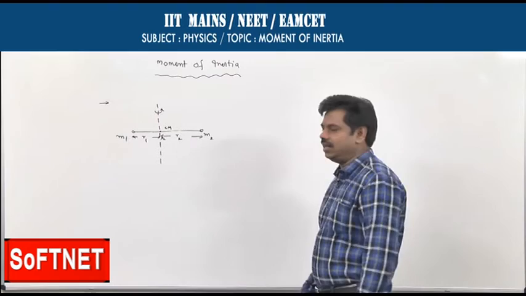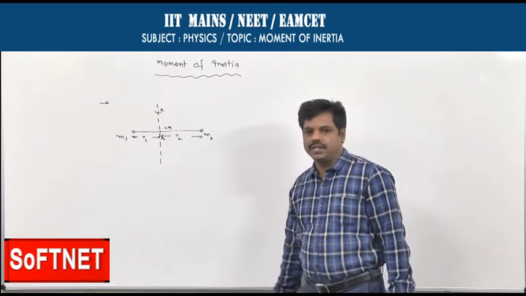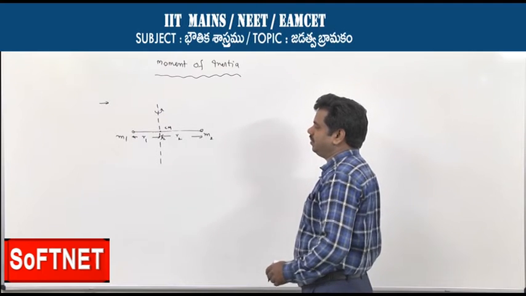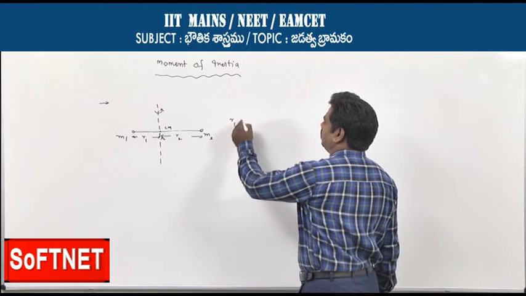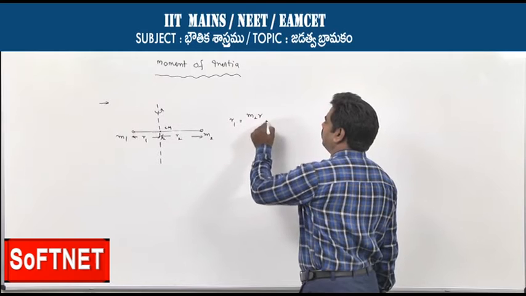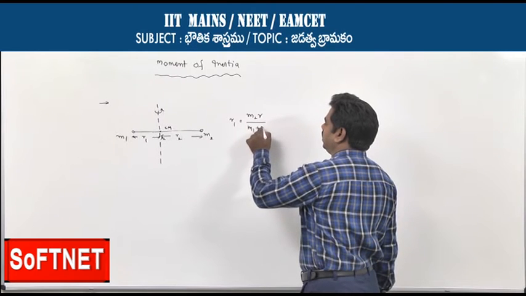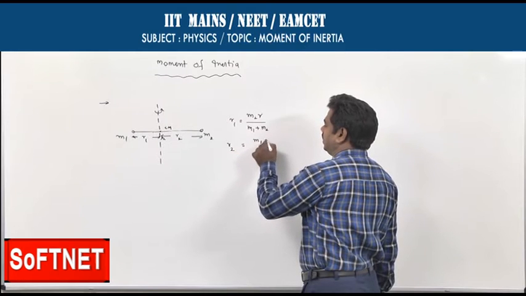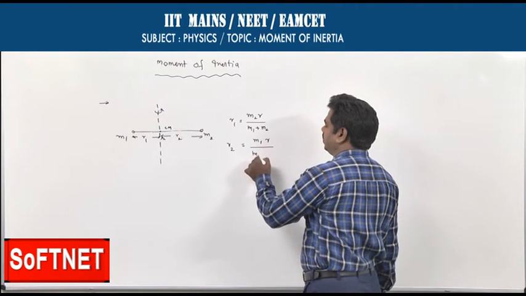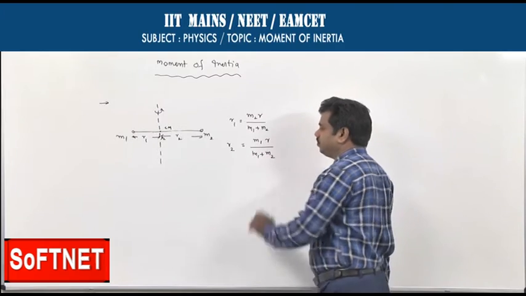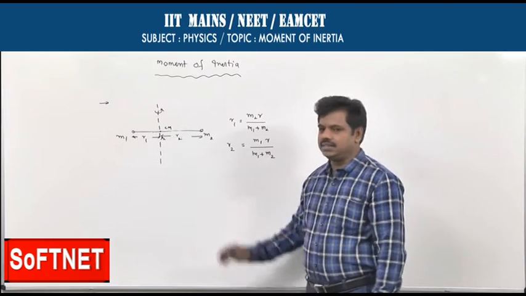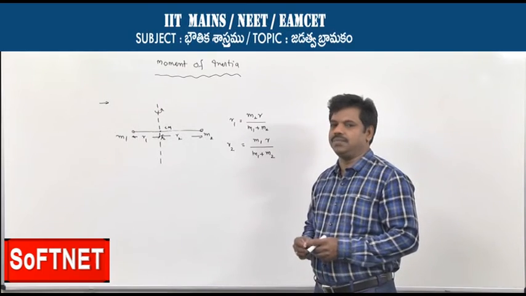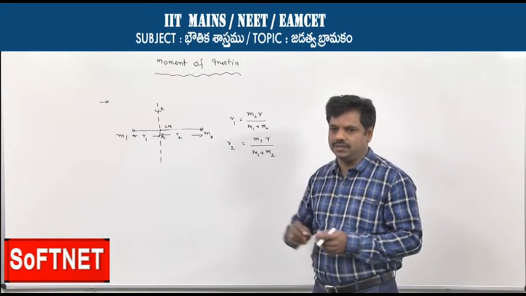We already studied that if the distance between the two particles is small r, then r1 is equal to m2r by m1 plus m2, and r2 is equal to m1r by m1 plus m2. When you know the perpendicular distances, then easily we can write the moment of inertia of these two particles.